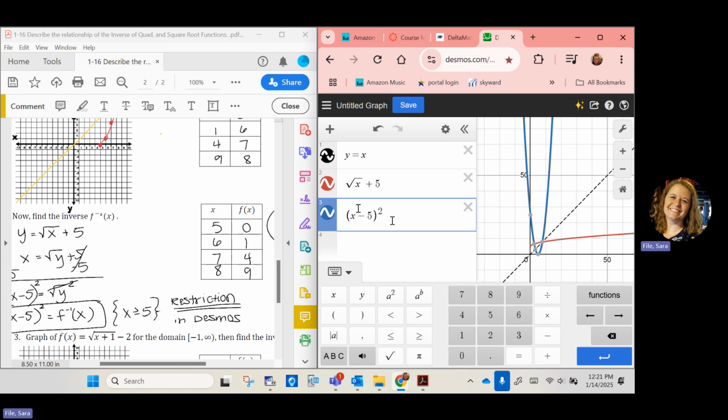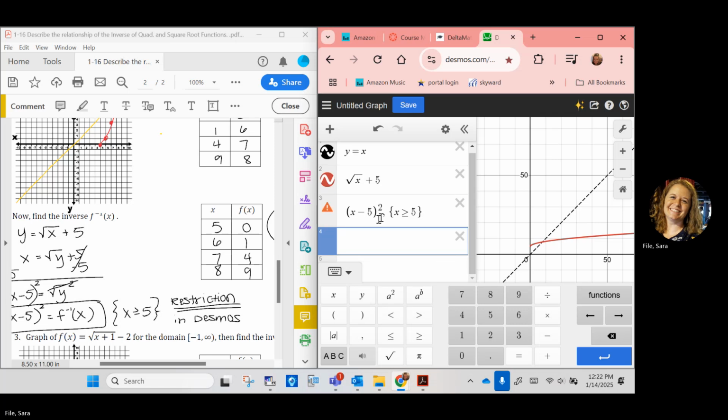So we need to write the restriction for this. And I'm trying to remember, I think we do a comma and then our braces, x is greater than or equal to 5. And then close the braces. No, not quite.